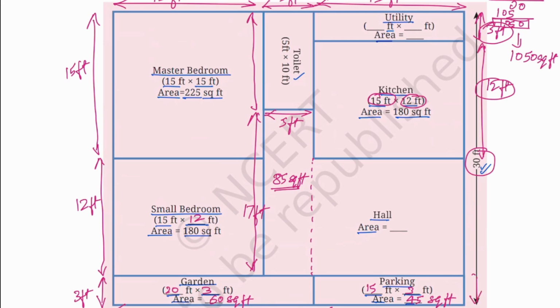And here 3 feet. So here will be 12 feet. And this length is 15 feet. So the area of this one will be 15 into 12, that is 180 square feet. Total area of the hall will be 180 plus 85 square feet, that is 265 square feet.